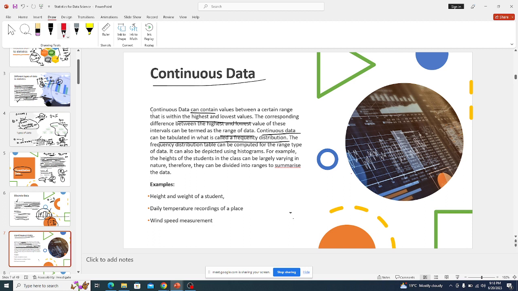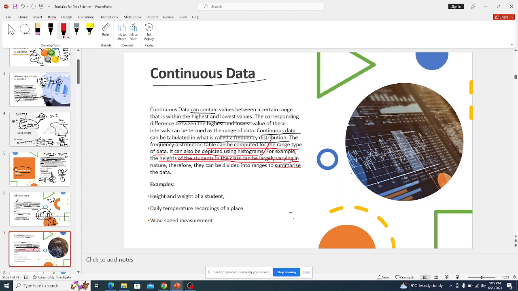Now the frequency distribution table can be computed for range type data, and it can be depicted using histograms. For example, the heights of students in a class can largely vary in nature. So we can summarize maybe the heights, and even the age.